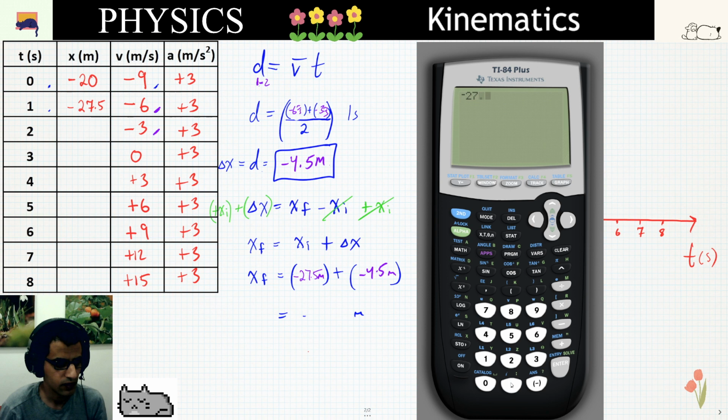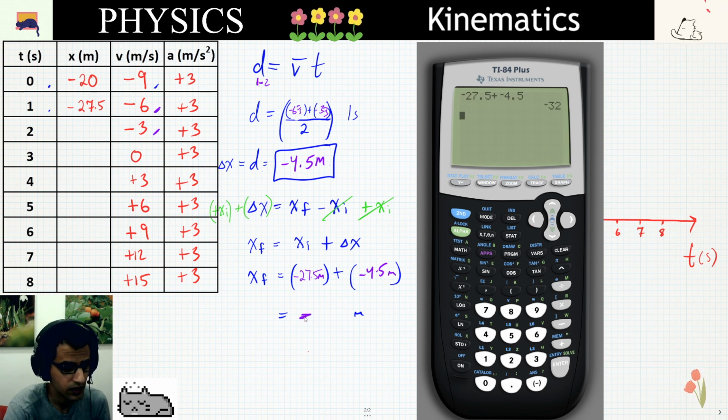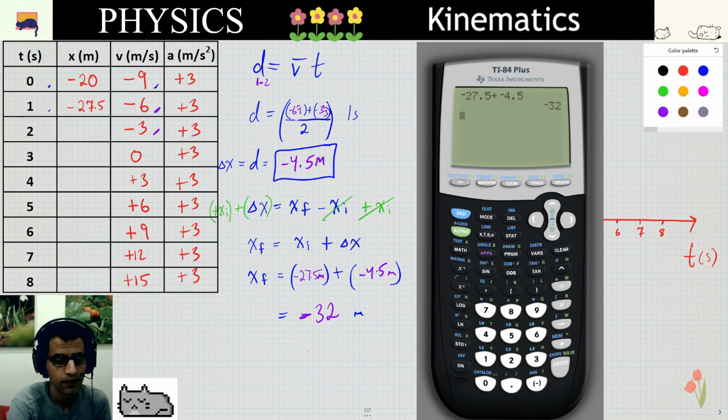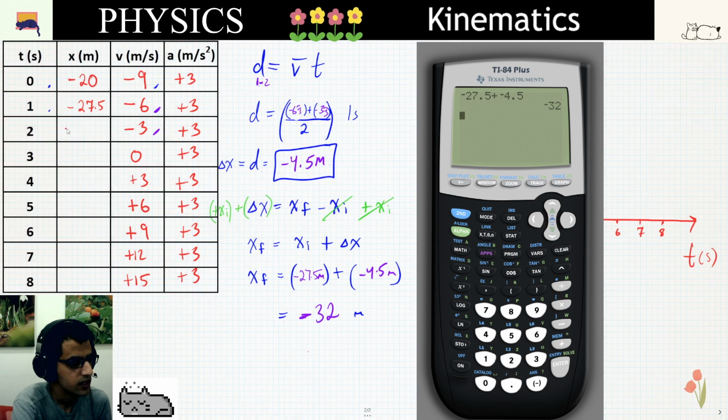Negative 27.5 plus negative 4.5 gives us a final position of negative 32 meters. So this number goes in here. And so you can keep doing that throughout this entire column. Most of the work required for this question is going to be in the position column. The acceleration and velocity columns are going to be very easy.